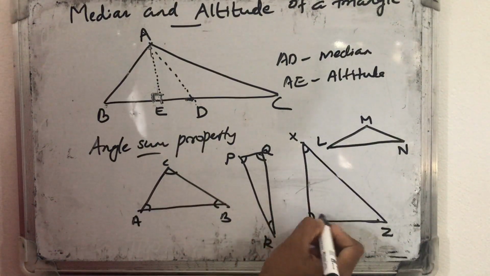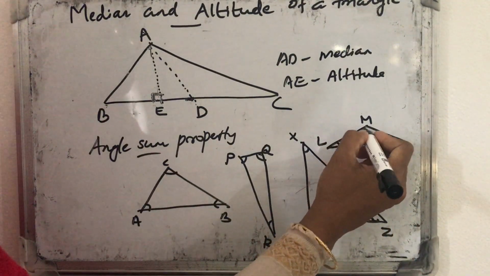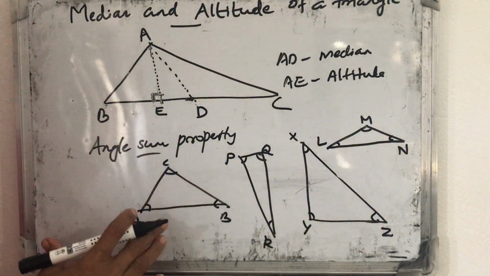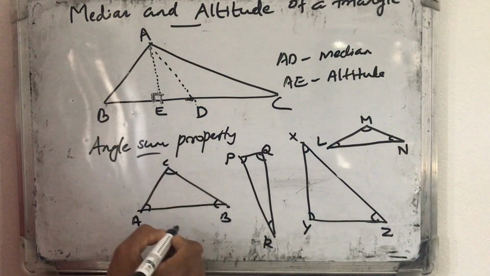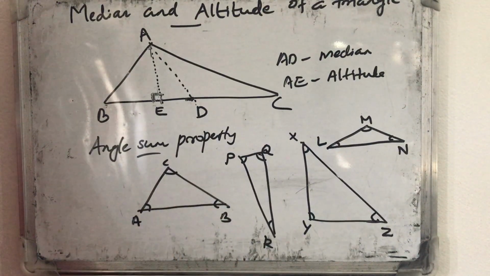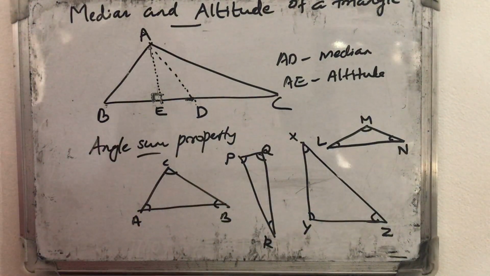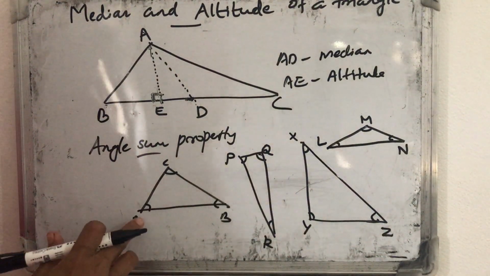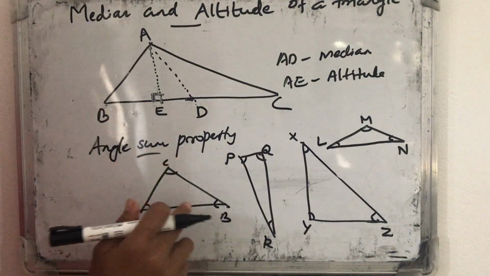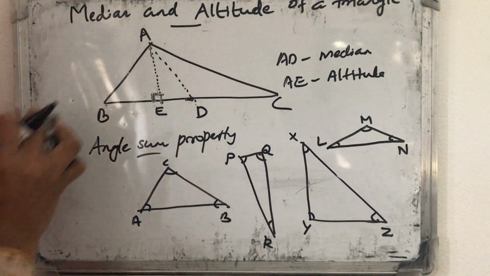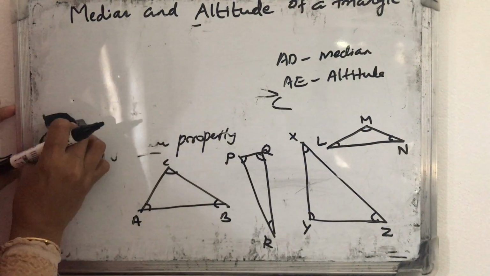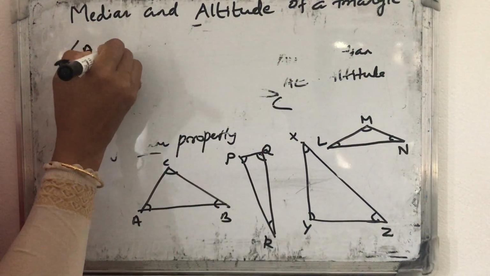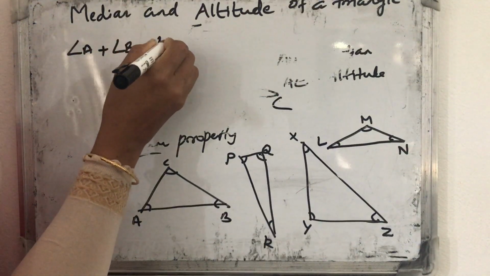Each triangle has angles on the vertices. When we take the sum of these 3 angles, in the first case, angle A plus angle B plus angle C. How can we name the angle? For this angle we can name angle CAB or BAC, but now we can simply name it angle A.